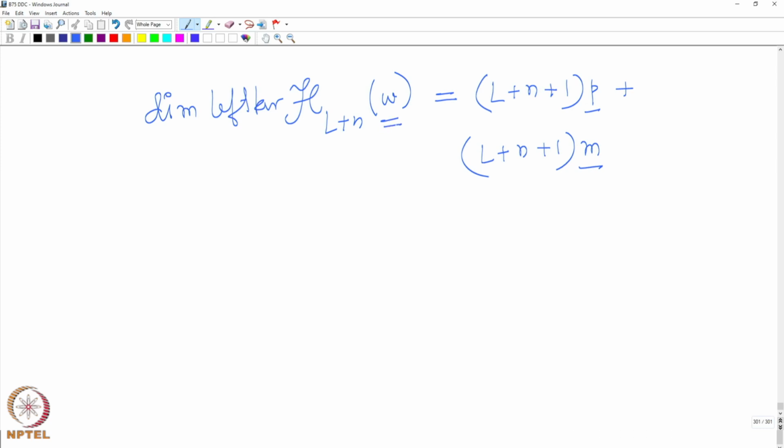Each block is of size P plus M when you write down that Hankel matrix. And how many such blocks are there? Precisely L plus N plus 1. That is the number of rows in this matrix, minus the rank, because I am looking at the left kernel. By rank nullity theorem, the rank of H L plus N W gives this dimension.